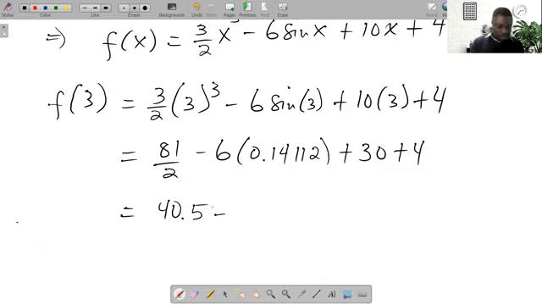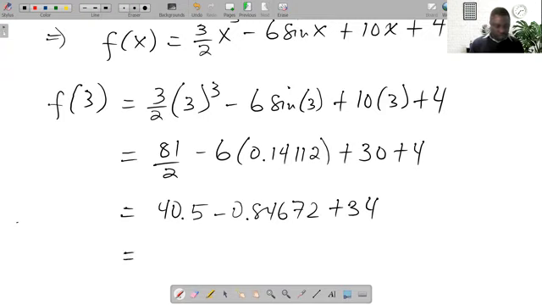And then 6 times 0.14112 gives me 0.84672 plus 34.